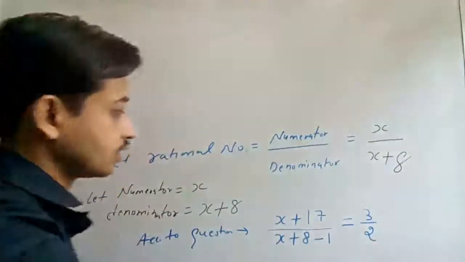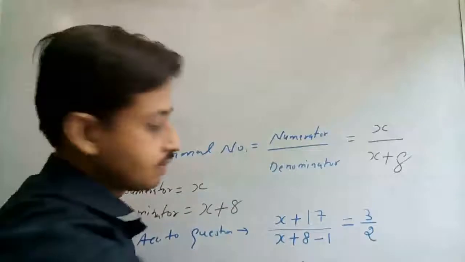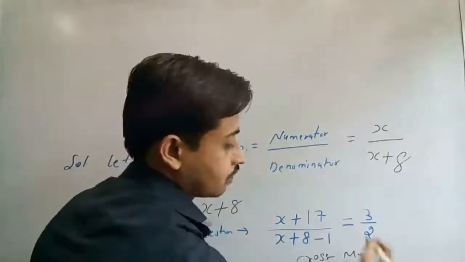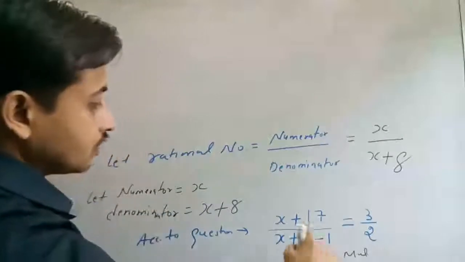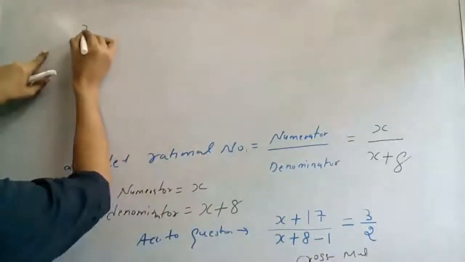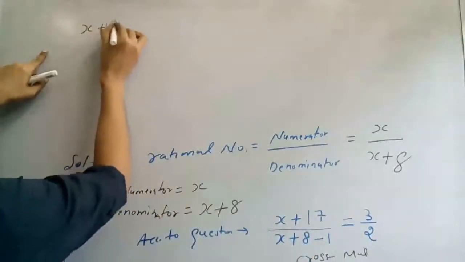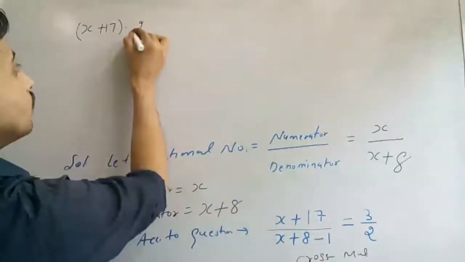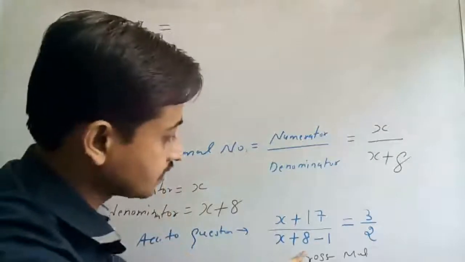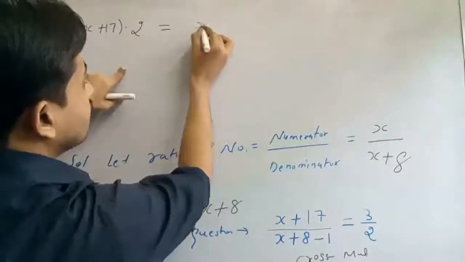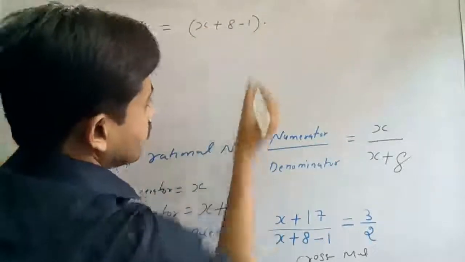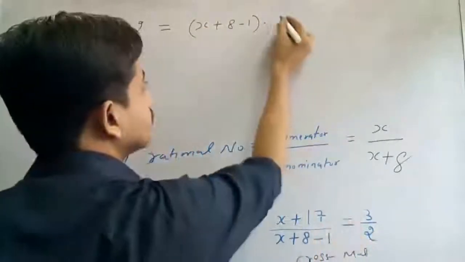Now please solve this by cross multiplication. Do x plus 17 multiplied with 2, and x plus 8 minus 1 multiplied with 3.